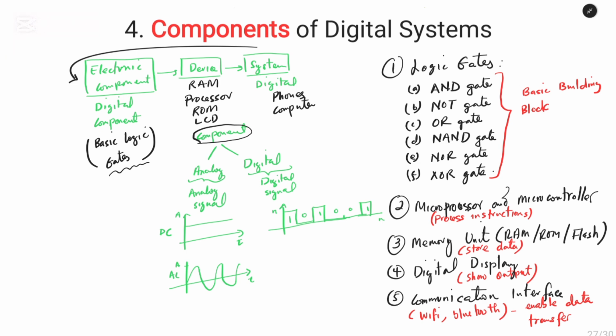So these are the brief summary of the function of each of the component in a digital system. We will now look at what is a logic gate. So we will discuss few of them in details, and you will be able to appreciate how the logic gate is a basic building block of a digital system.